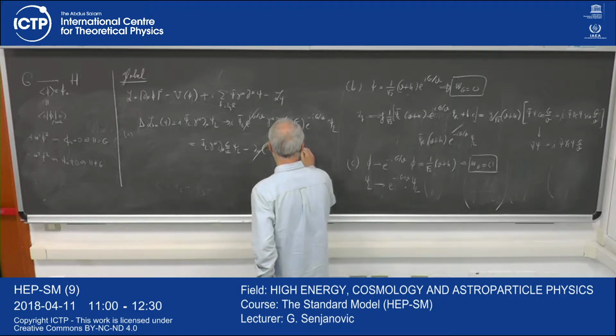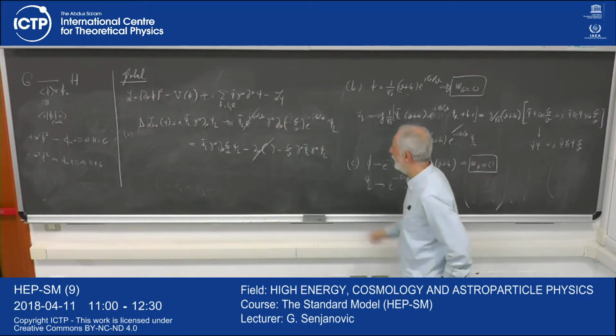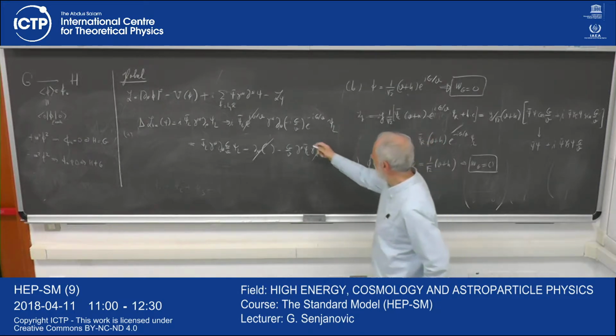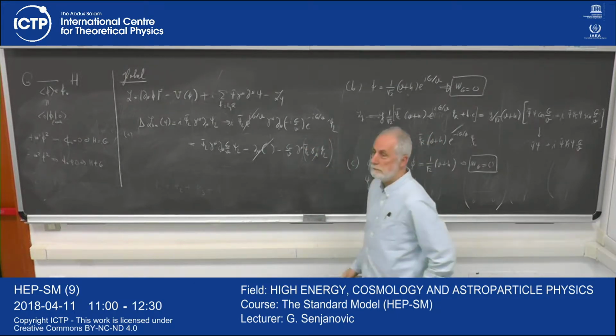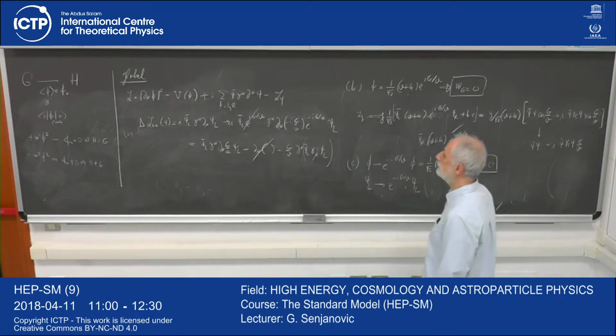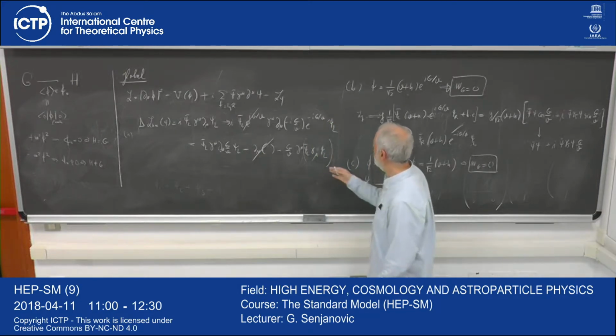D mu. I don't know why I wrote what I wrote. Let's make it Lorentz covariant. It's d mu acting on everything. Of course, there was d mu of g, and so it looks very different, right?